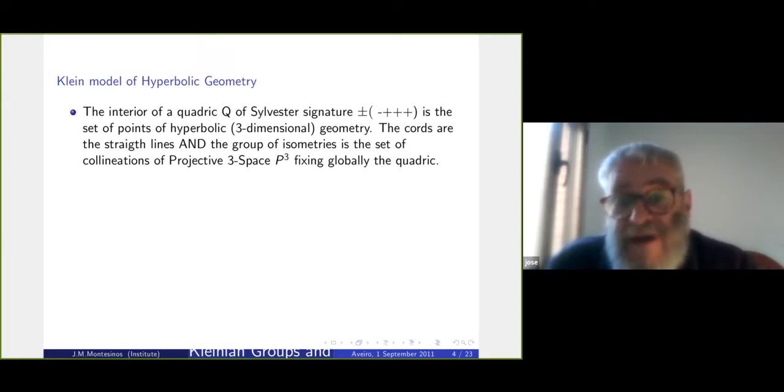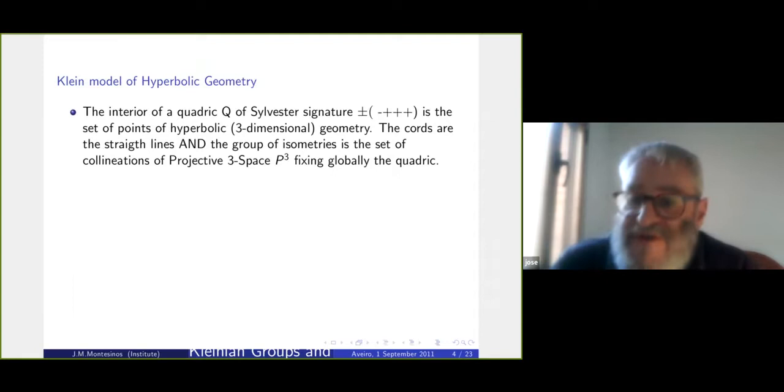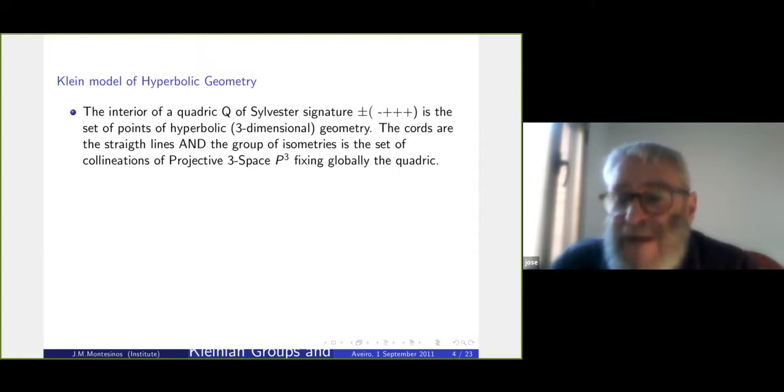Geometrically speaking, a collineation is a one-to-one map of RP^3 sending lines to lines. One of the main theorems of projective geometry proves that such a thing comes from an automorphism of the underlying vector space.